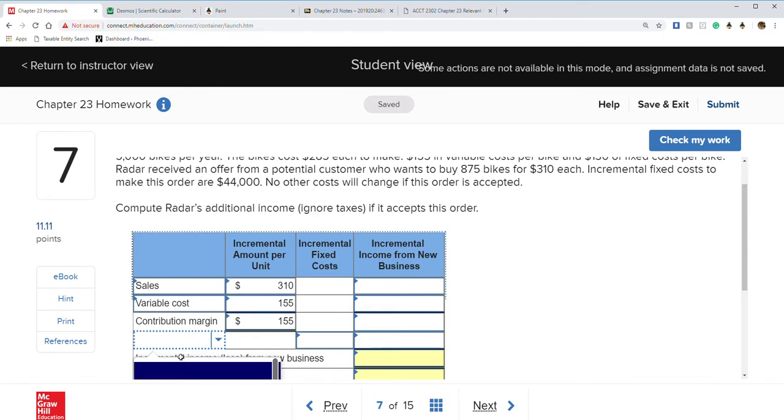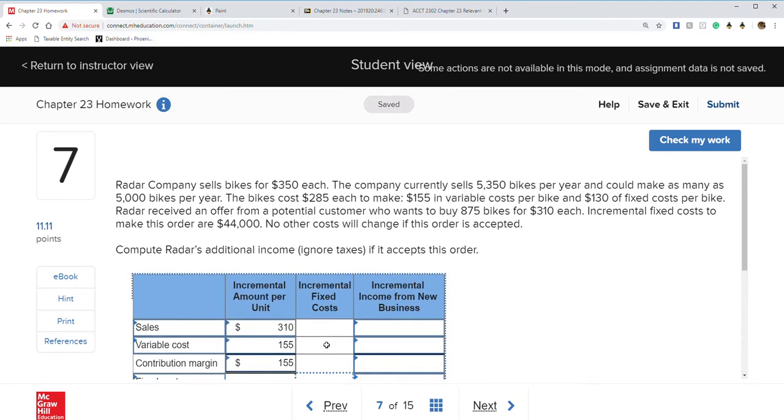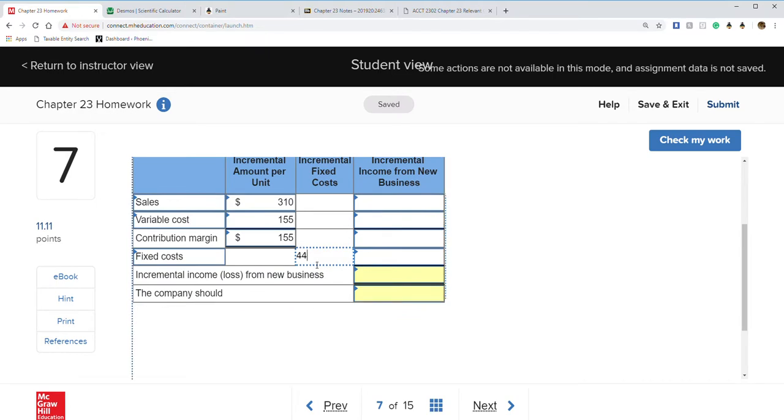Now, we have to take our fixed cost, and our fixed cost has changed. It is now $44,000. Of course, it's not going to change over here, so it is still $44,000.